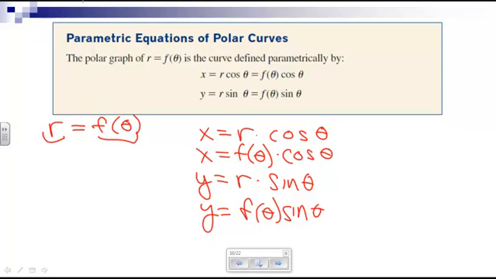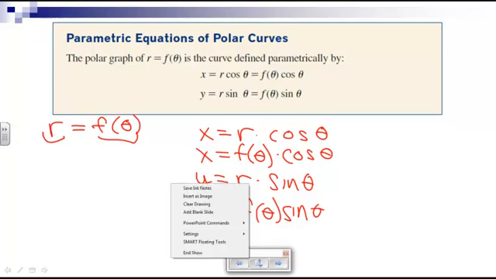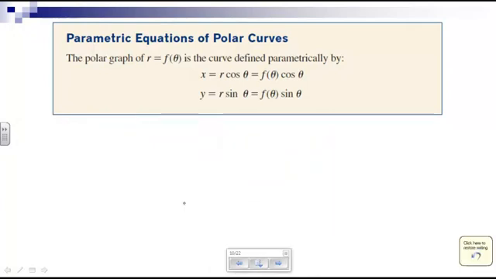So, why is this handy? Well, let's say we're doing some work. Let's say we have some function r. What function r do you want to talk about? I don't know.